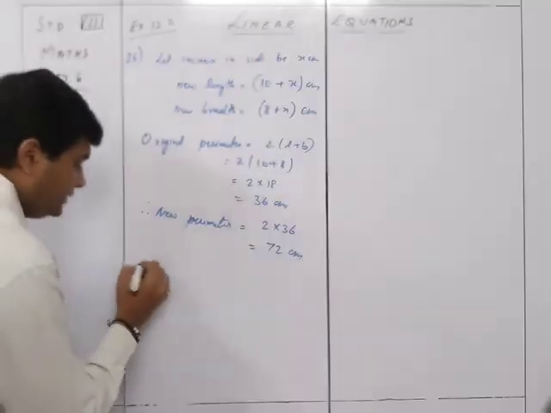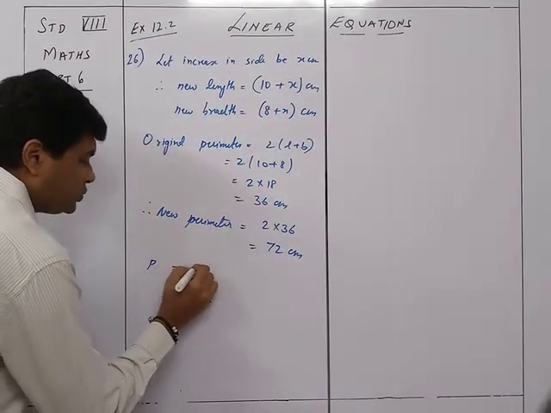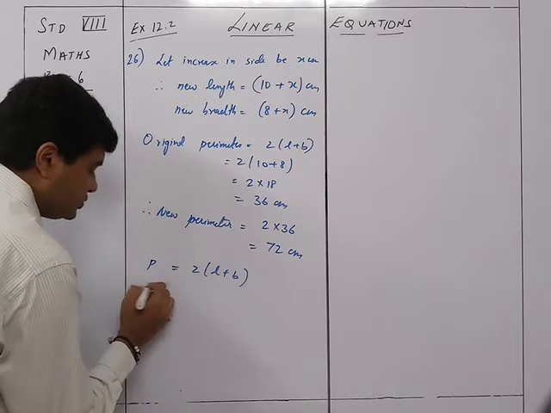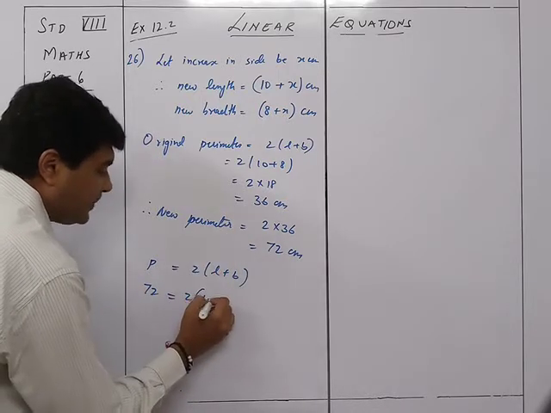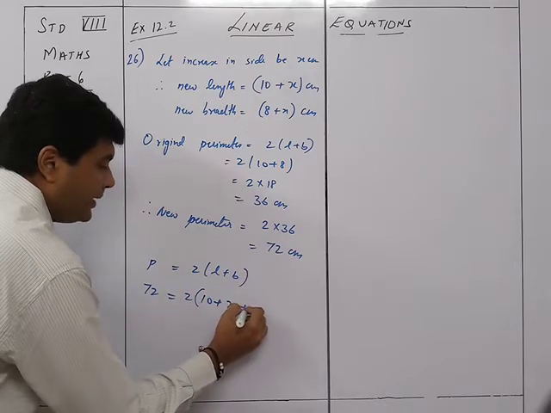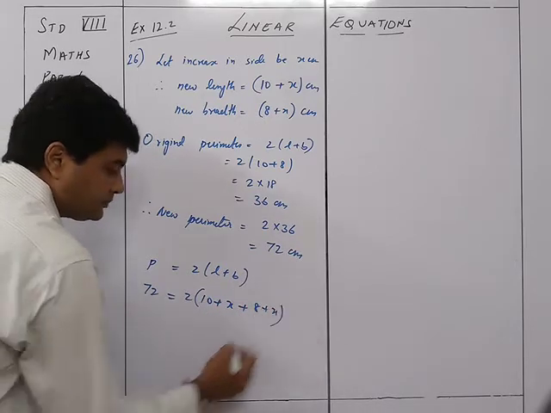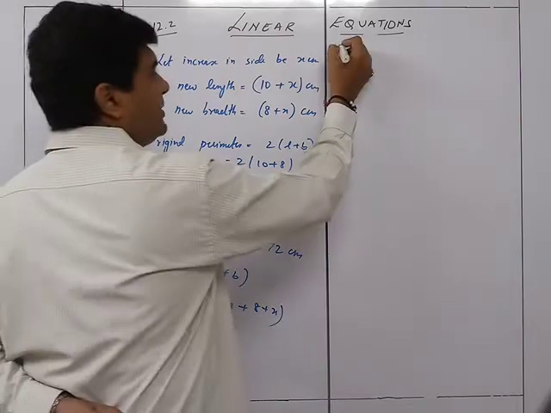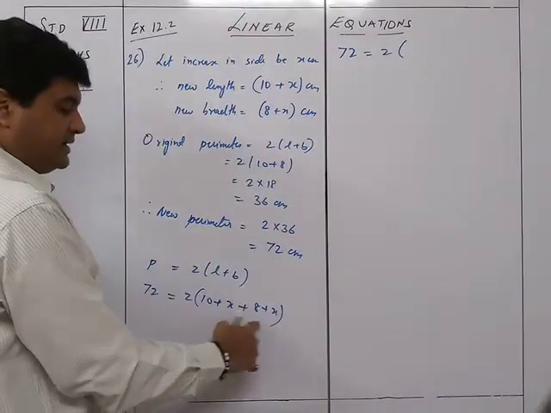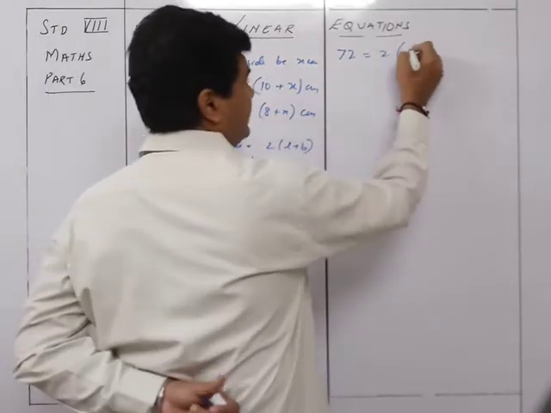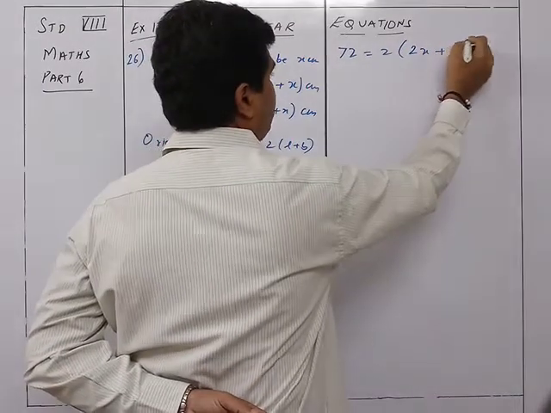So we have that P is equal to 2(L plus B). So 72 is equal to 2 times, L is 10 plus x and B is 8 plus x. So that will give me 72 is equal to 2 into bracket, 10 plus 8 is 18 and x plus x is 2x, 2x plus 18.